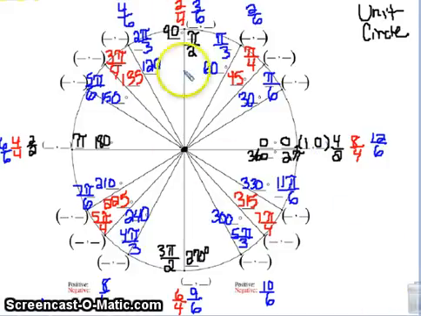The coordinate up here, we don't go left and right, so my x-coordinate is 0, but we do go up 1. So this coordinate is 0, 1. Over here, my coordinate is -1, 0.